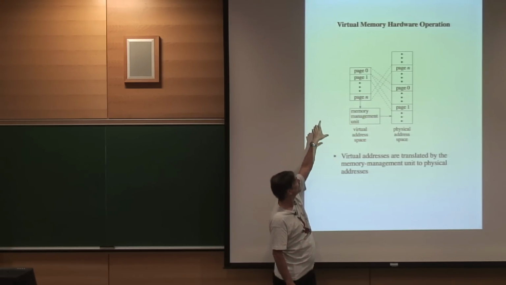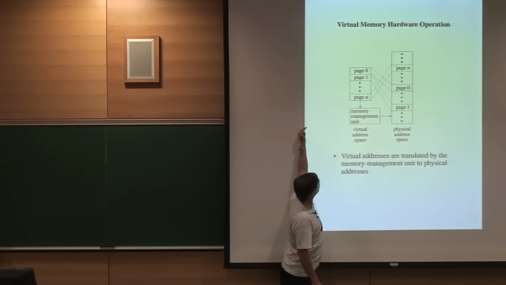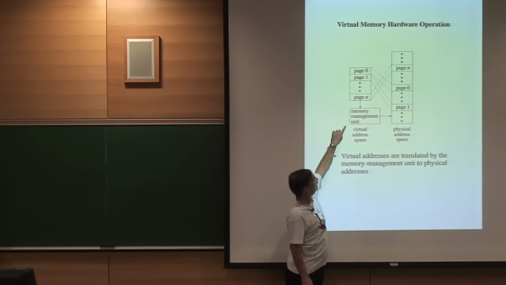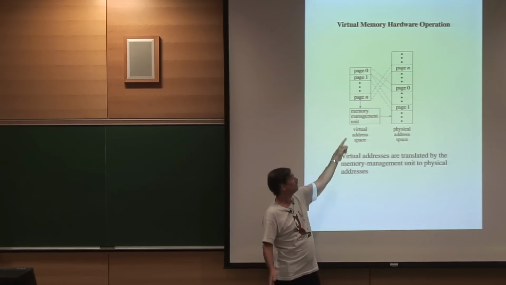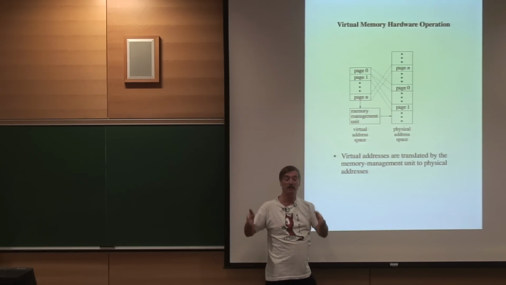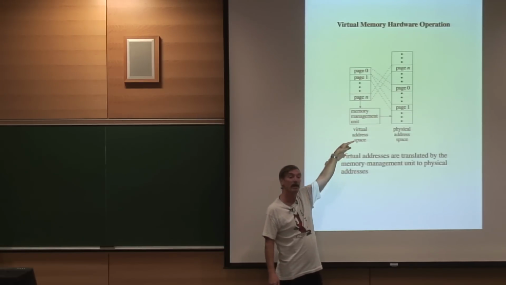I show what's called a single level page table here. With a single level page table, the memory management unit takes the virtual address that's coming in, and assuming we have, let's say, 4K pages, the low 12 bits of the address are just an offset into a page.